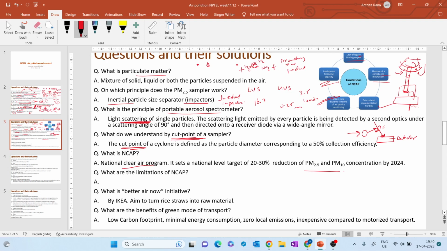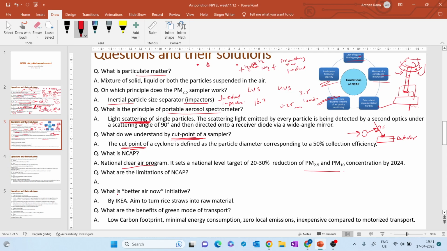Now everyone knows IKEA. I think IKEA is a furniture manufacturing company which gives affordable and good furniture. I think it's based in Bangalore, I don't know. But what they say is that along with the government agencies, there are different organizations, for example NGOs or companies like IKEA, that have started initiatives to curb or reduce pollution.